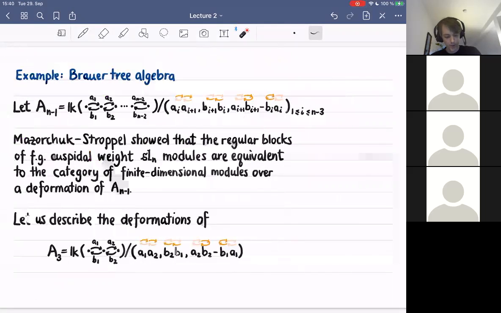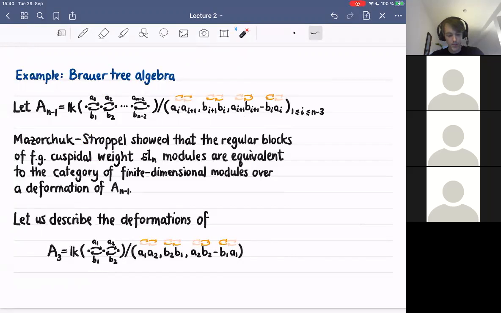For the rest of the talk, I will go through one explicit example, which I think shows well how you can use this point of view to compute examples and deformations whenever you have written an algebra as the path algebra of a quiver with relations. This is an example of a Brauer tree algebra.